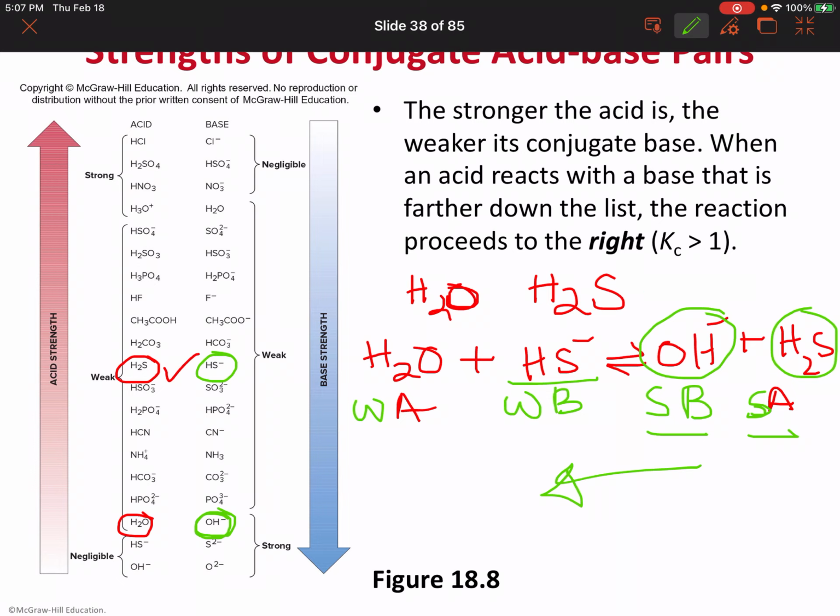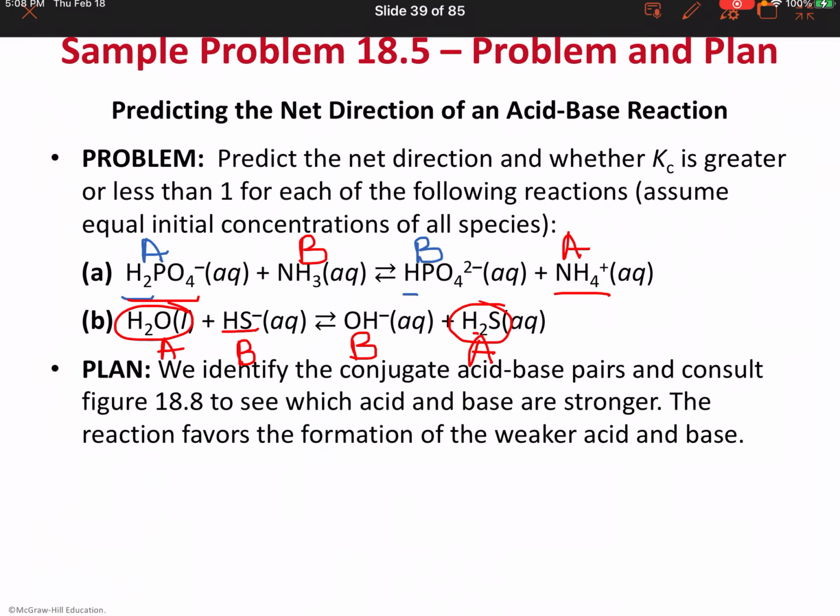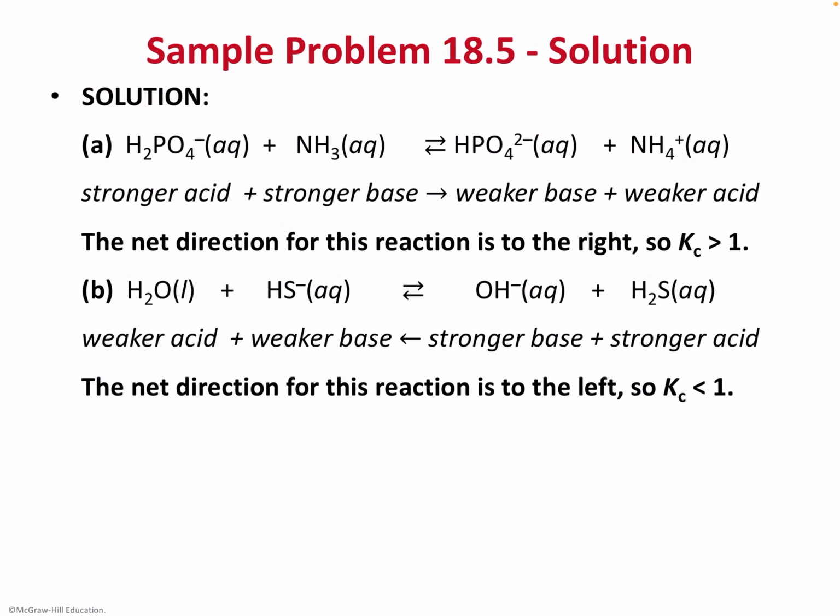If the reverse reaction takes place, then Kc is going to be less than 1. If it goes to the right, Kc would be greater than 1. The net reaction is to the left and the Kc would be less than 1.